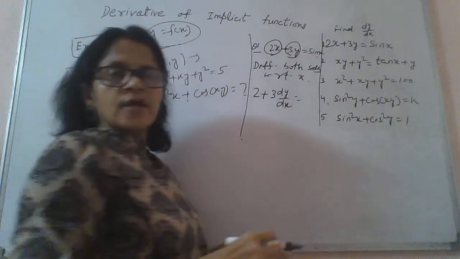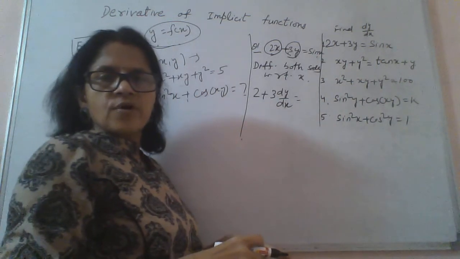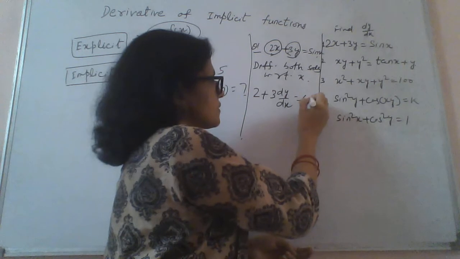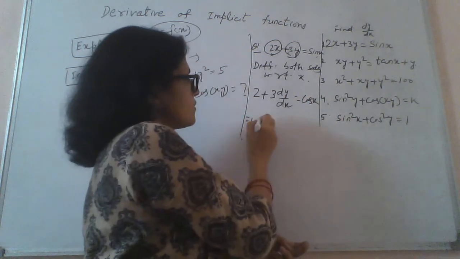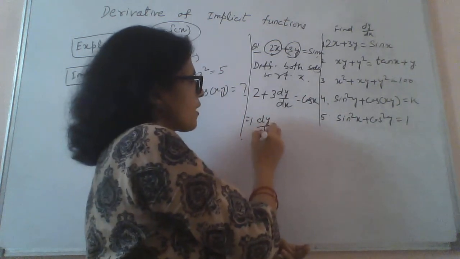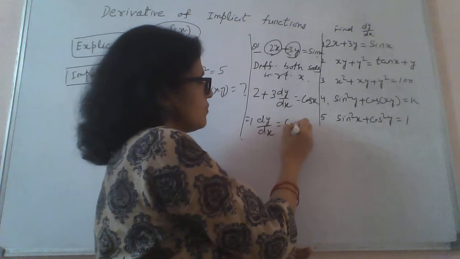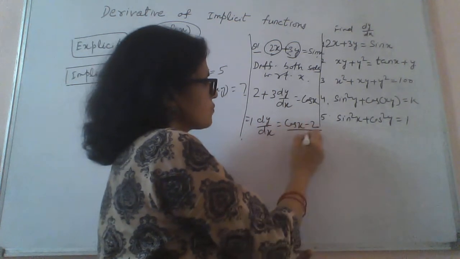On the right side, d by dx of sin x is cos x. So you get dy by dx equal to (cos x minus 2) by 3.